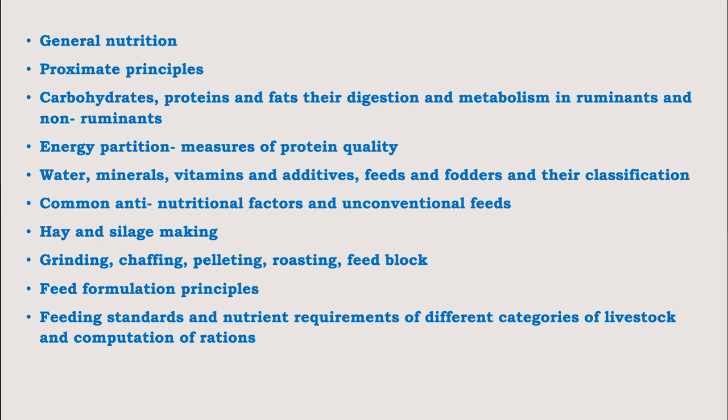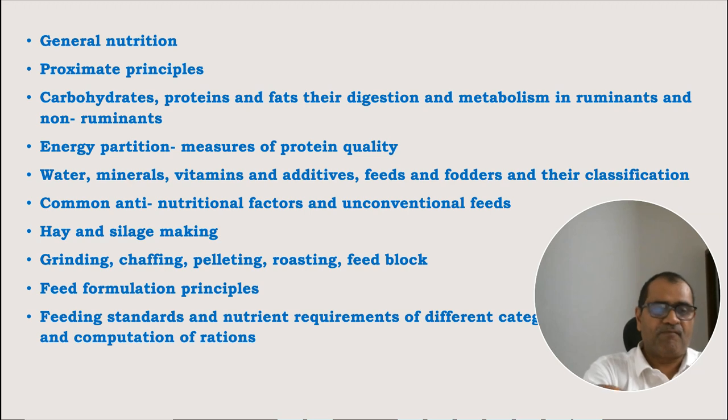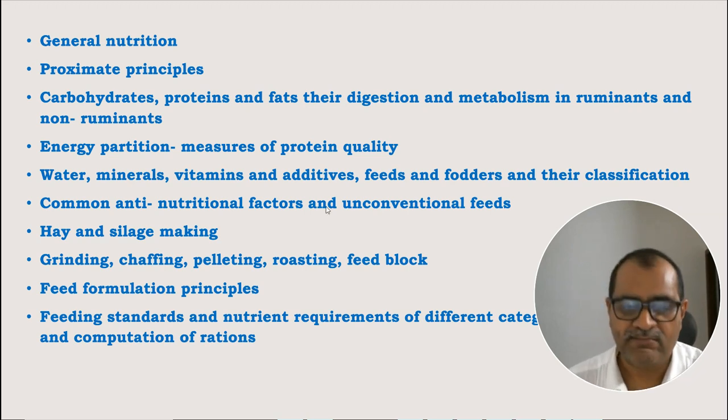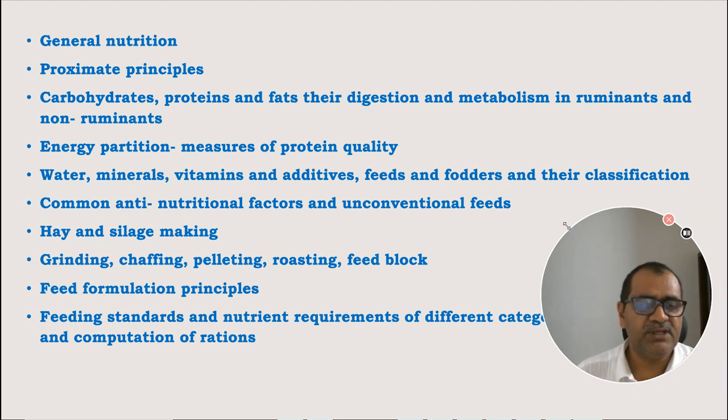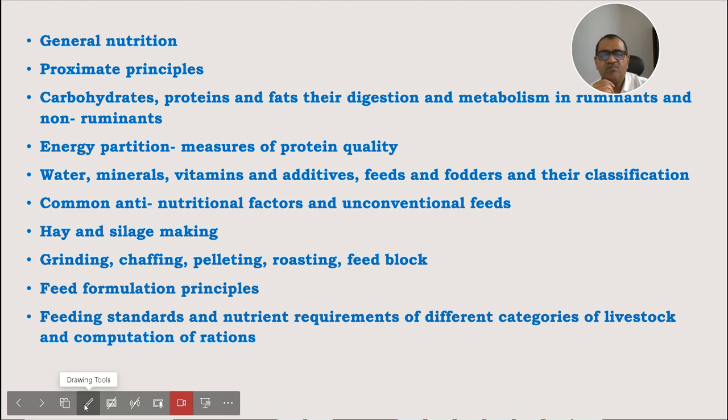The next chapter is anti-nutritional factors and unconventional feeds or non-conventional feed sources. Then common anti-nutritional factors, then unconventional feeds, then hay and silage making is also another chapter.